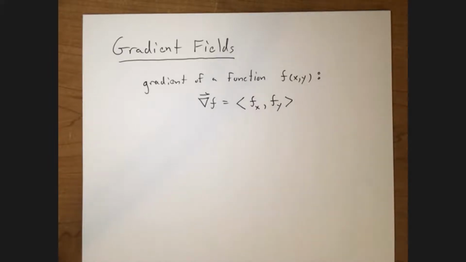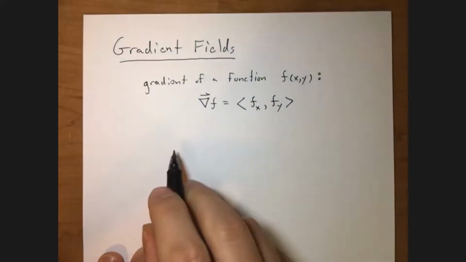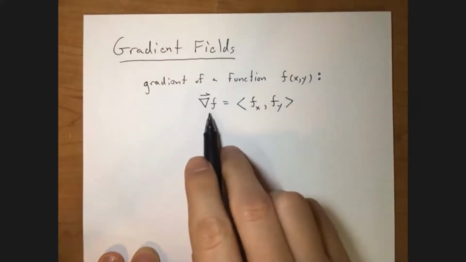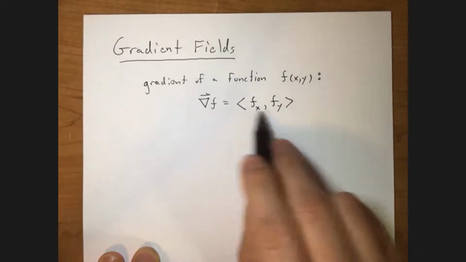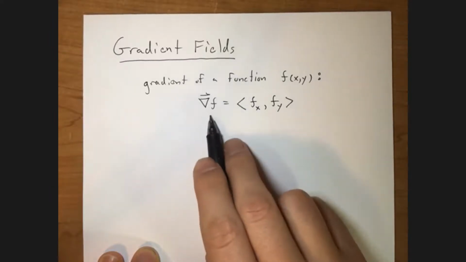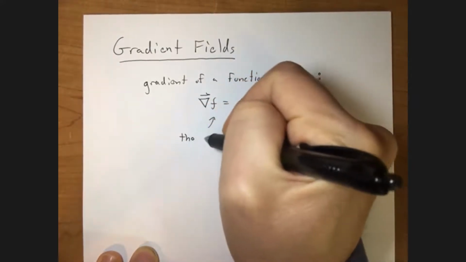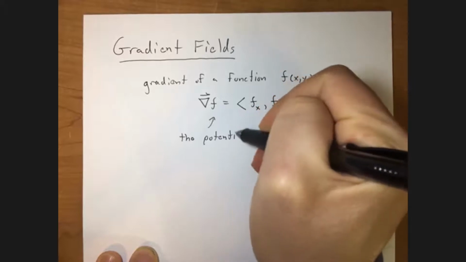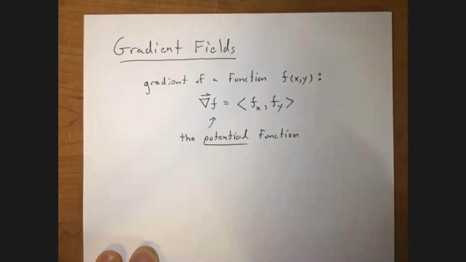Okay, so actually, before I do this, I want to point out one other thing. When you use a function to take the gradient and produce a vector field, this function is called the potential function. It's called the potential.